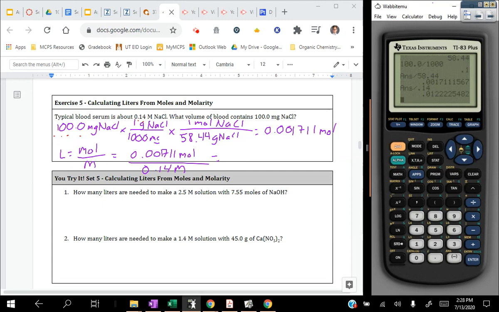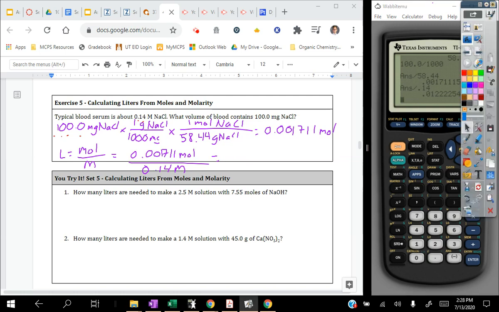And we get a volume of 0.012 liters. Okay. So in this particular solution, 0.012 liters of solution contain 100.0 milligrams of salt.